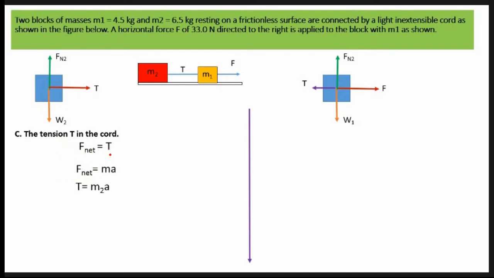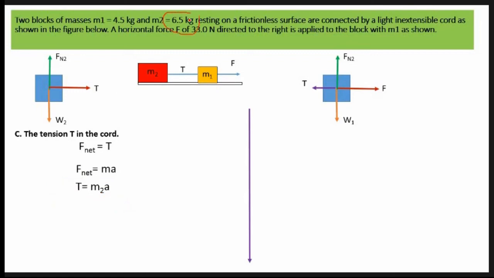Then mass. The mass that we are referring to is mass 2, because this is the free body diagram of mass 2. And then the acceleration. So we have now the formula of the tension force.